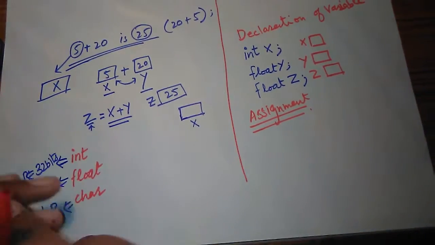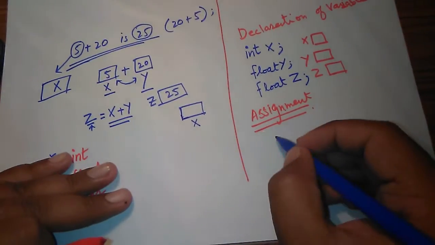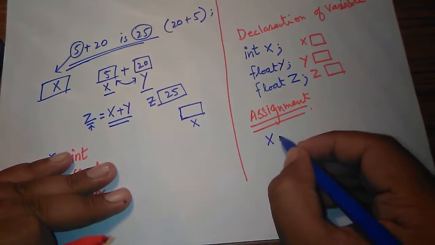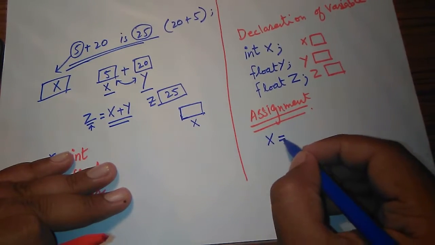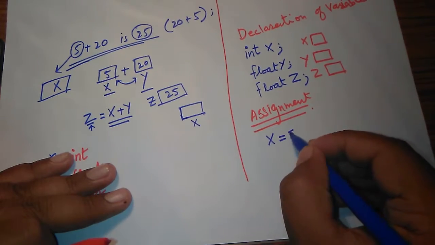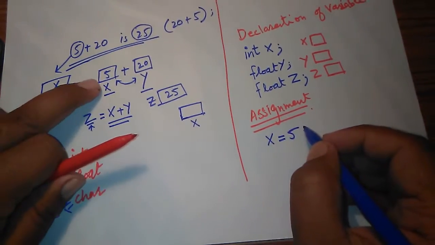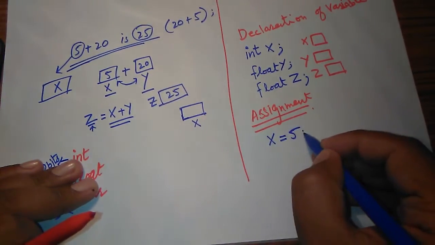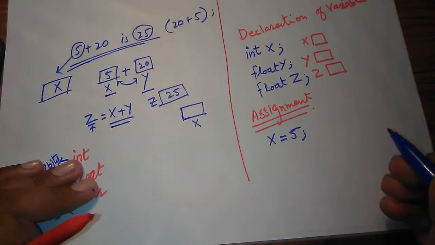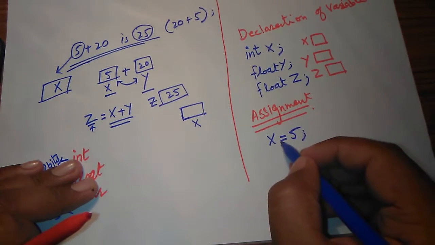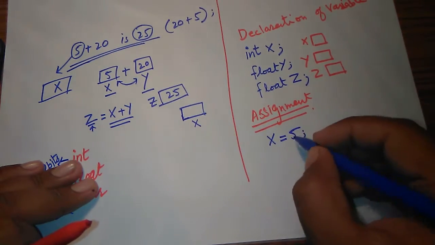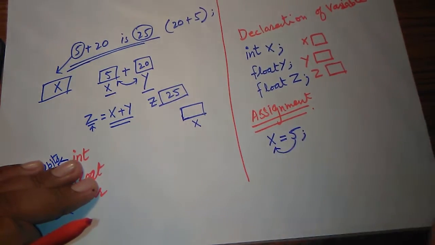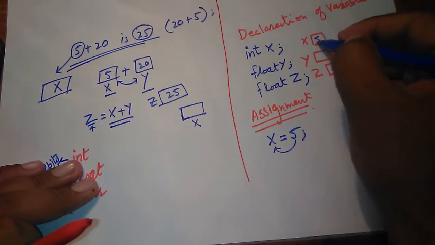What will happen in assignment? Simply, following the mathematical rule, I write x assign 5, and I close this. When this program runs, it will simply put 5 in x.